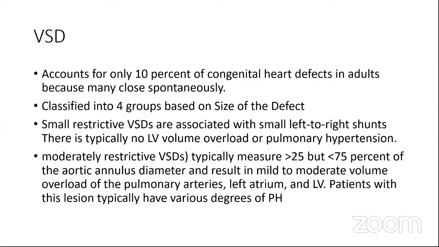The moderate group typically measures more than 25% but less than 75% of the aortic annulus diameter and results in mild to moderate volume overload of the pulmonary arteries, left atrium, and left ventricle. Patients with this lesion typically have various degrees of pulmonary hypertension.